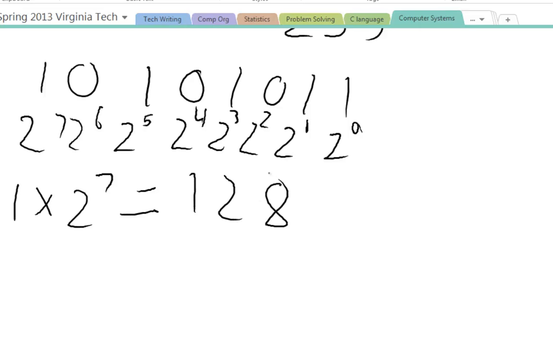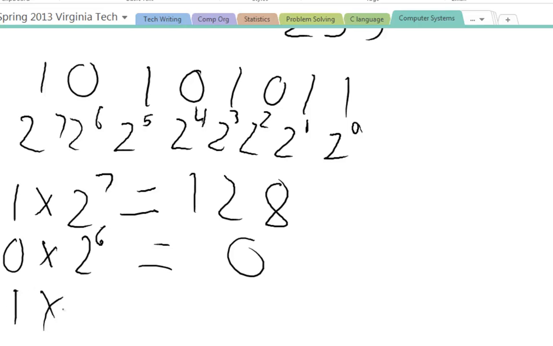Now I've got 2 to the 6th times 0, so it's nothing. So I'm not going to do anything there. I've got 2 to the 5th, which hopefully is 32. Because, as you can see, powers of 2 halve, so I have 128, and if there was a 1 here, this would be 64. So now, hopefully, this is 32.